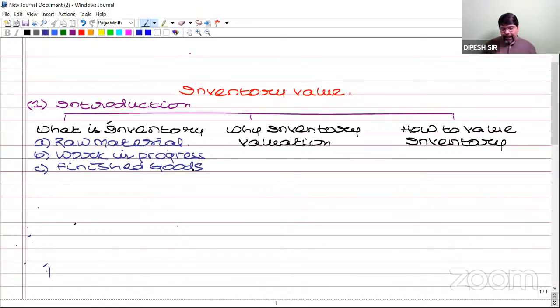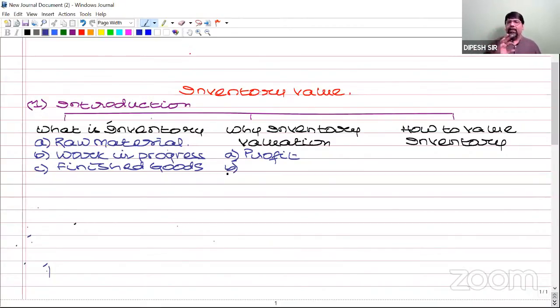Then we have got why inventory valuation. I told you inventory, that is stock, comes in trading account. So if inventory valuation is incorrect, our profit will be incorrect. So A, for profit. And inventory as a stock comes in the balance sheet as well.